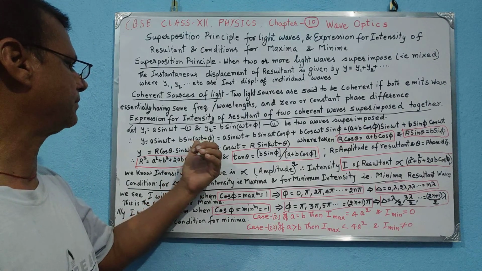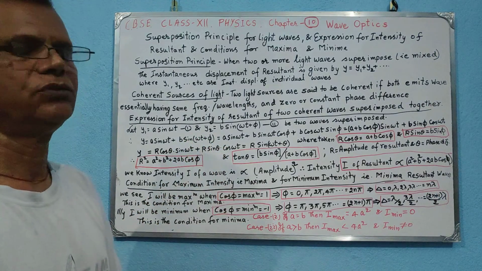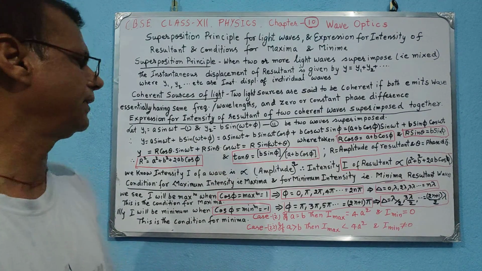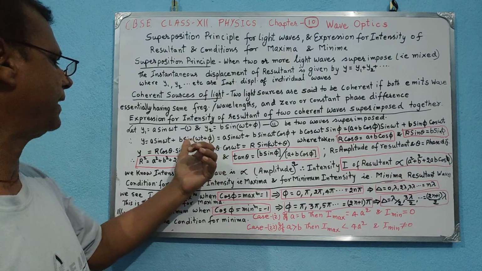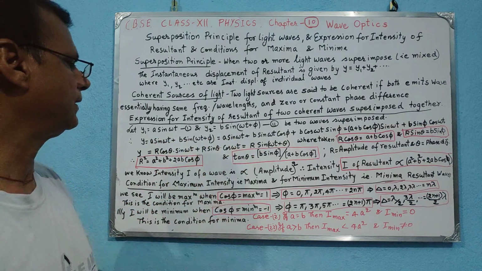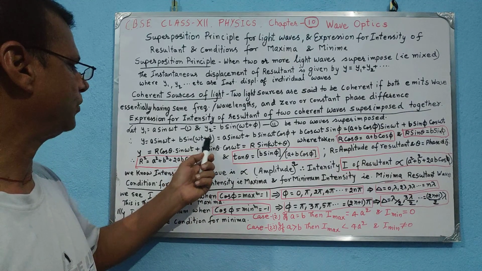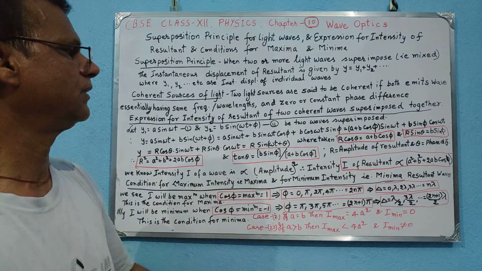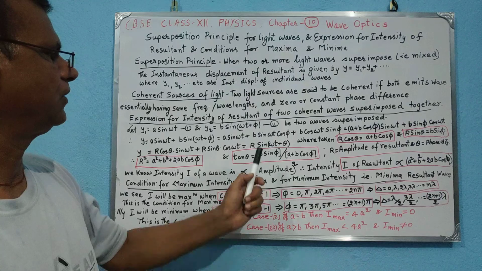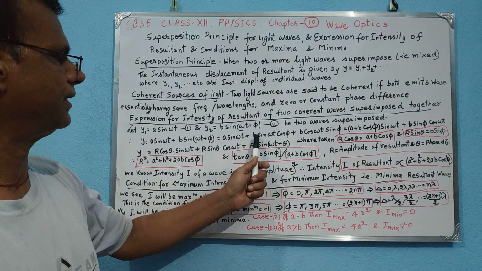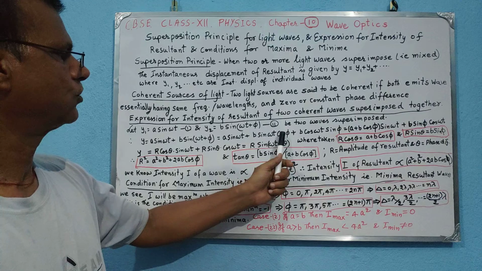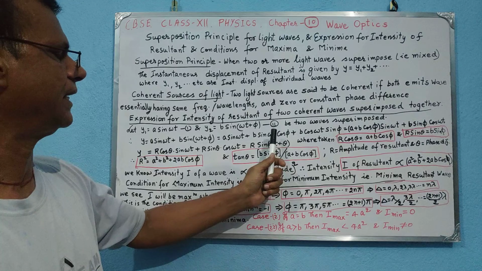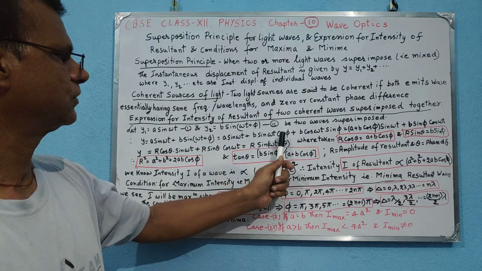When you expand the term sin(omega t plus phi) using the relation sin(a plus b) equals sin a cos b plus cos a sin b, you get a sin omega t, which is already there, and b sin(omega t plus phi) becomes b sin omega t cos phi plus b cos omega t sin phi. So here you have the expression b cos phi into sin omega t.